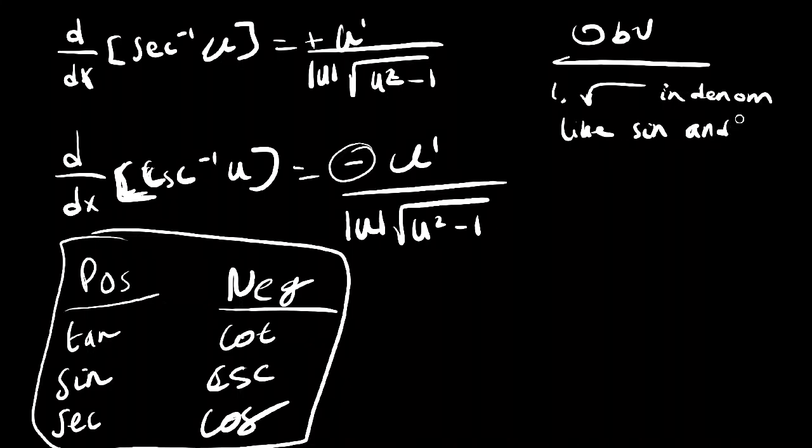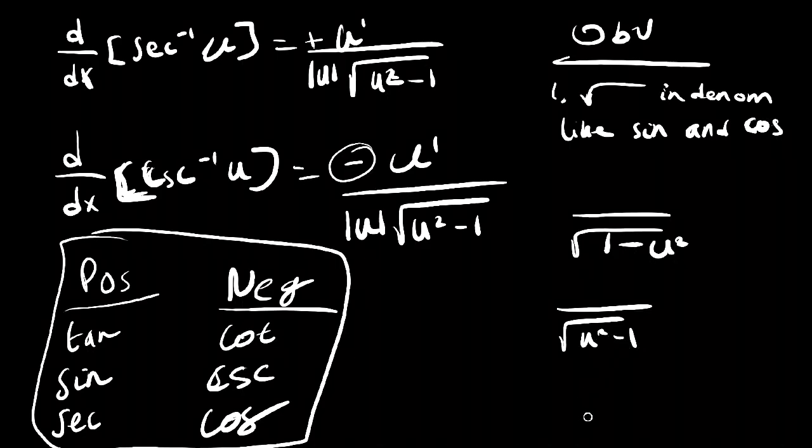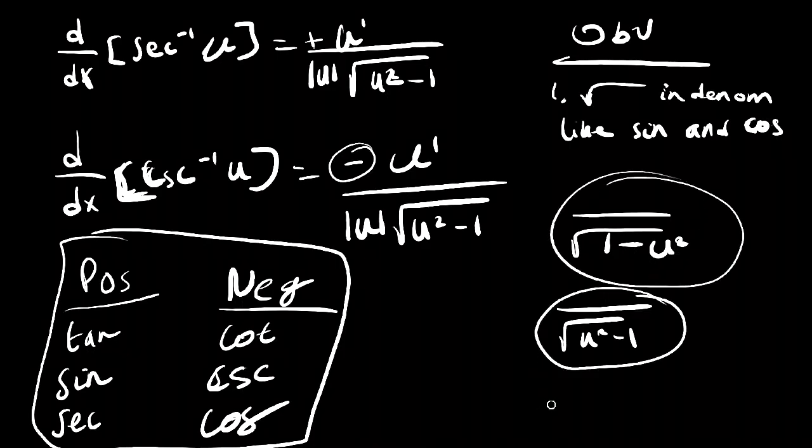But one thing that is surprising is that in the inverse sine denominator we have 1 minus u squared, but in secant and cosecant we have u squared minus 1. So you must remember that order does matter no matter what happens.